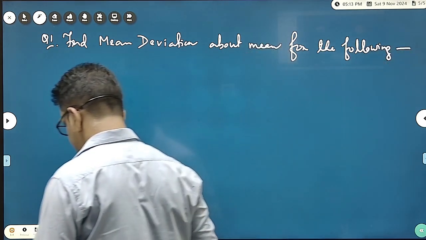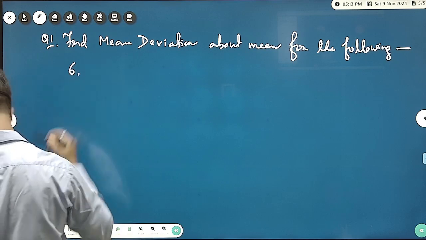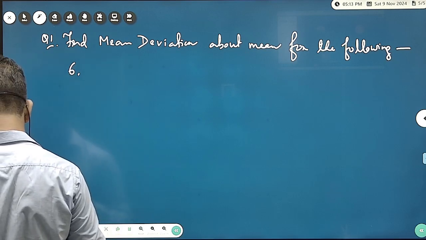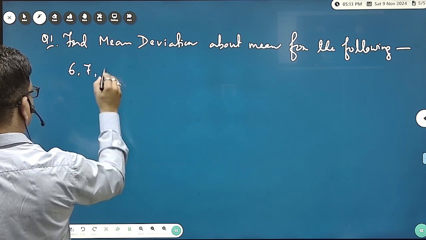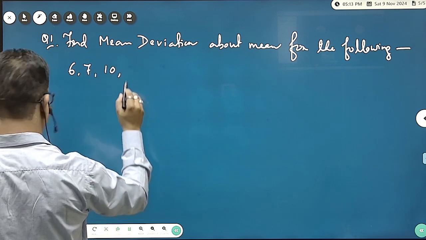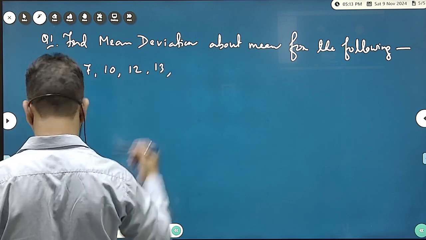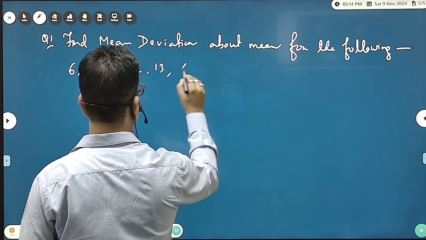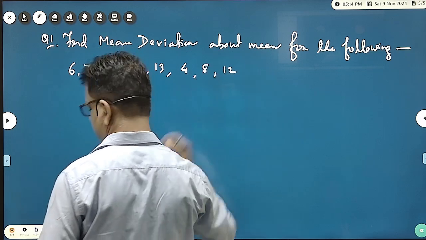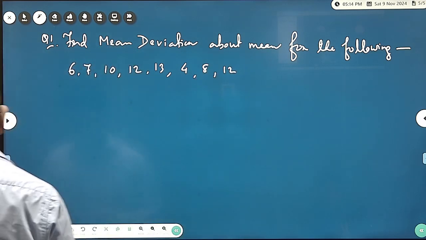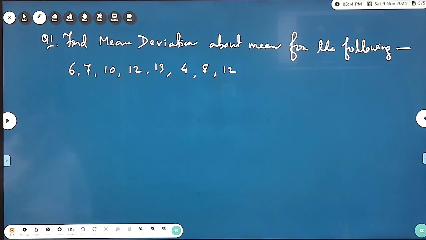Suppose I have the data like 6, 7, 10, 12, 13, 4, 8, 12. The question is we need to get the mean deviation about mean.